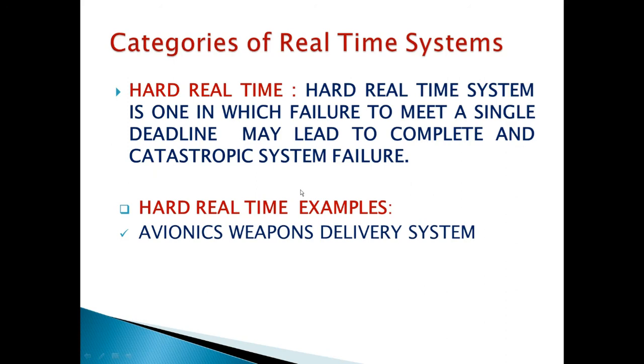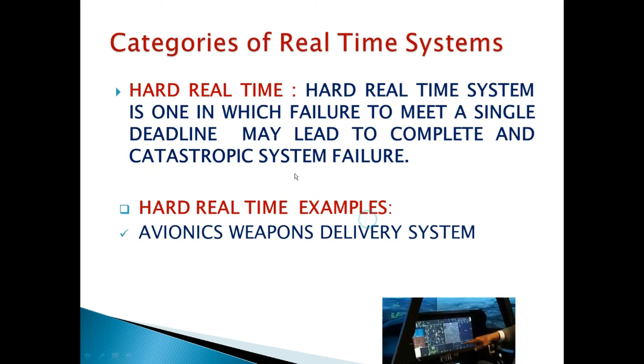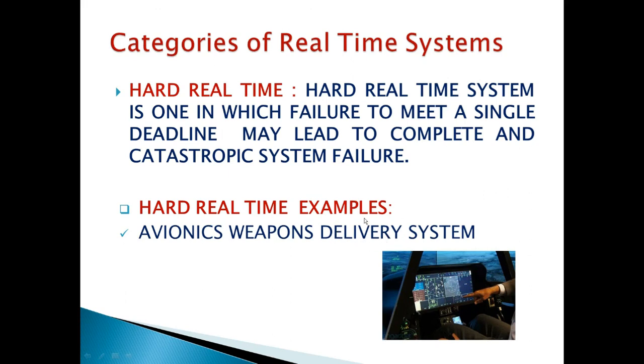Because after the decider presses a button to release the weapon, from that point the actual delivery should be bounded. Otherwise, the target would be missed. Then the whole purpose of releasing a weapon is lost. This is the hard real time system. So we have given an avionics system.